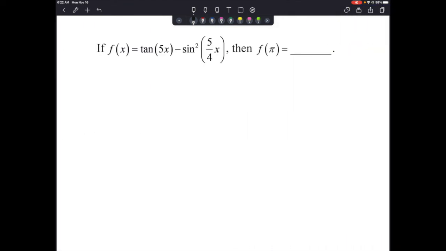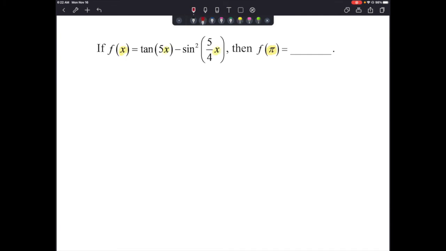We've got a different question here. It says, if f of x equals the tangent of 5x minus the sine squared of 5/4 x, find f of pi. This one looks super complicated, but really, we're just substituting in pi as our input value for our x's.